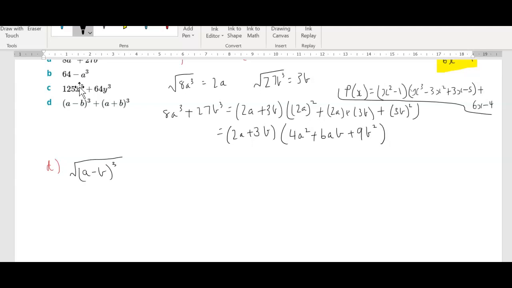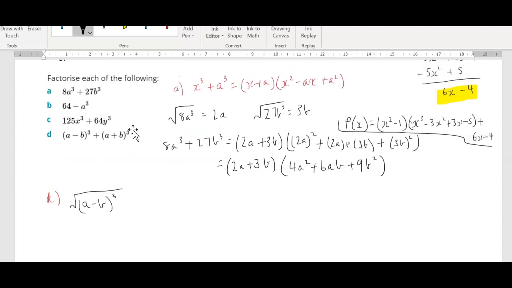And I'm writing the square root when I should be taking the cube root. Sorry. It should be the cube root. So then we've got a minus b, and then the cube root of a plus b cubed is just a plus b.